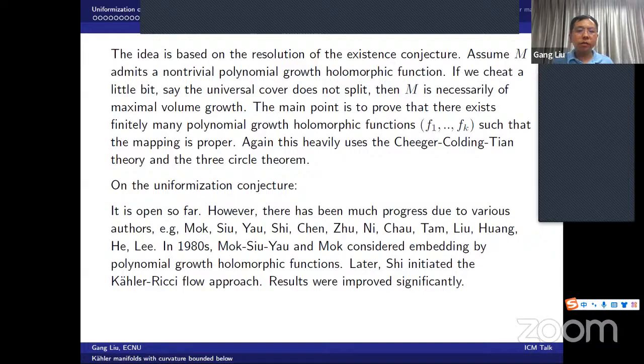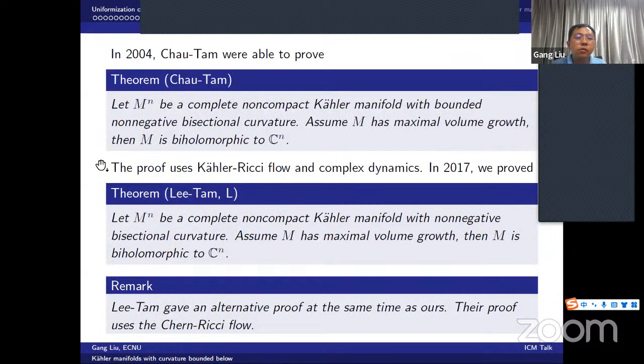Later, Shi initiated the Kähler-Ricci flow approach. Results were improved significantly. In 2004, Chau and Tam were able to prove that if M is a complete non-compact Kähler manifold with bounded non-negative bisectional curvature and maximal volume growth, then it is biholomorphic to C^n. The proof uses Kähler-Ricci flow and complex dynamics.